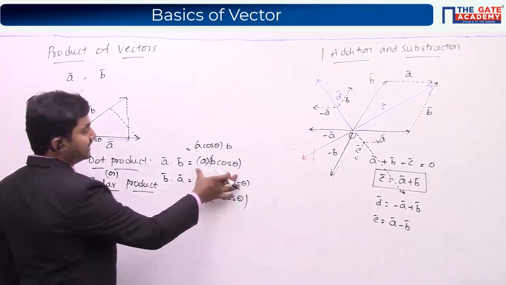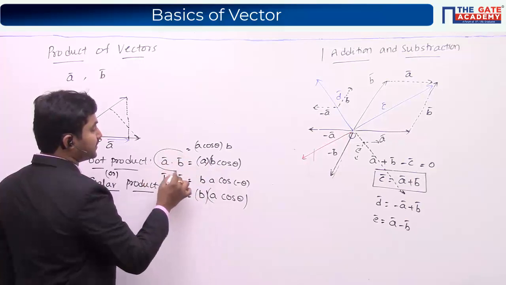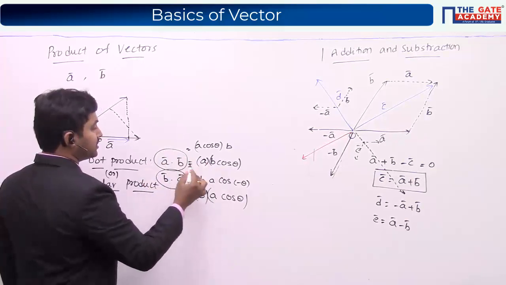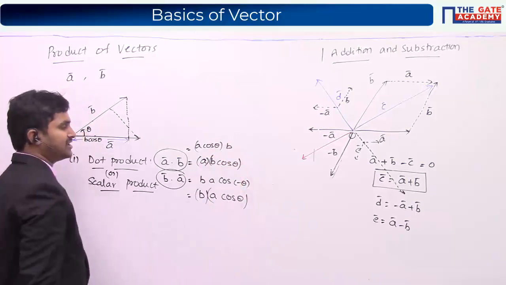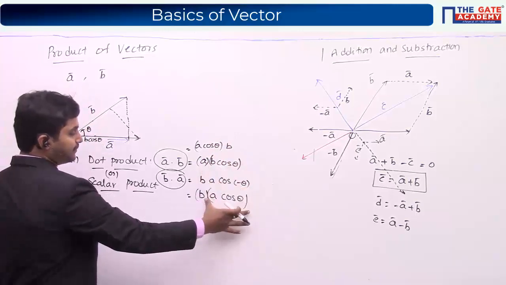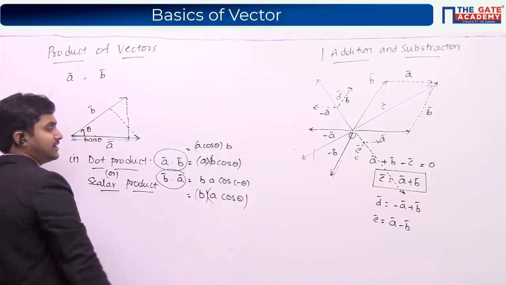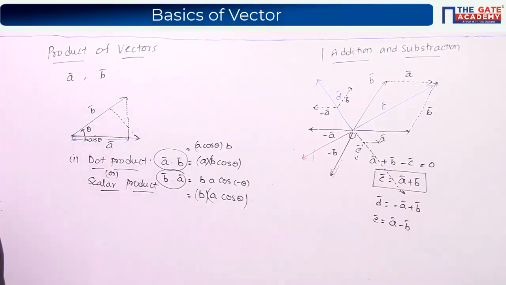Scalar because the result of the dot product is nothing but a quantity which is scalar. This does not have any direction, isn't it? Whatever result we are getting here, is it having any direction?